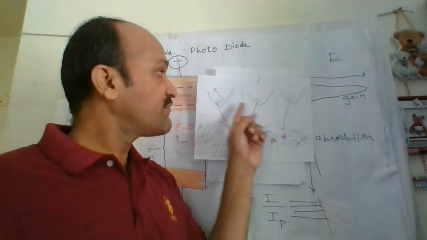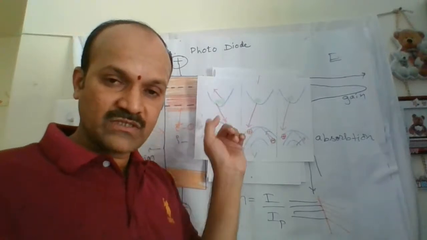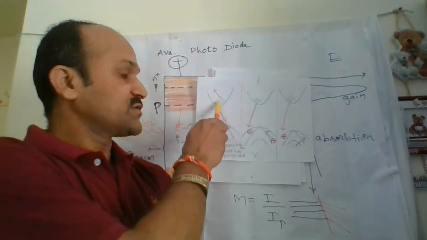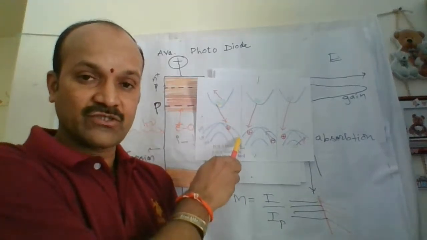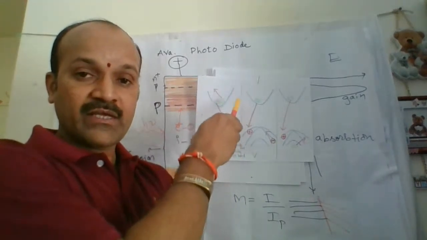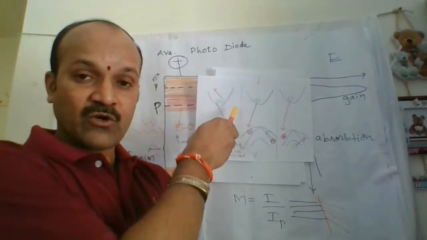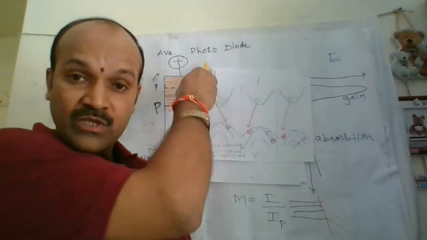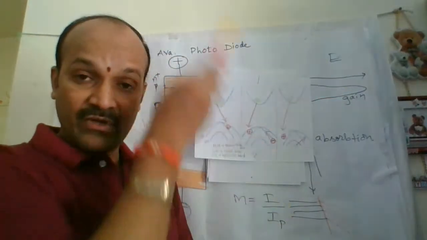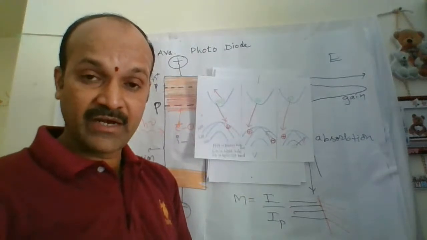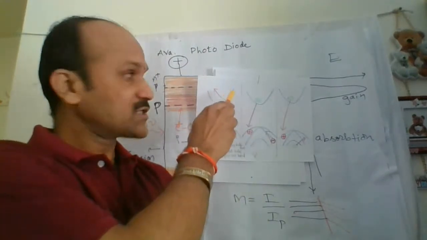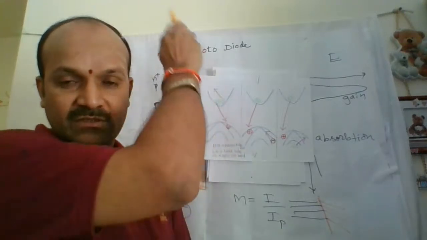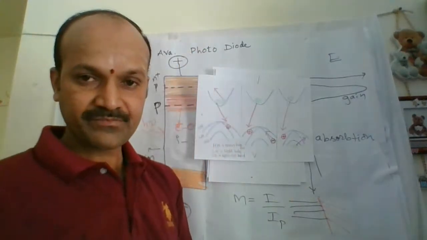So the energy emitted due to this transition is absorbed by other free charge carriers, and they are raised to deeper energy levels in that band. This is the conduction band, and this is the lowest energy level in the conduction band. Deeper in the sense you have to go upward.